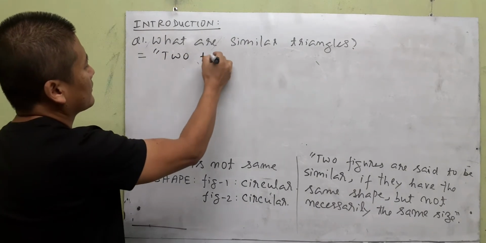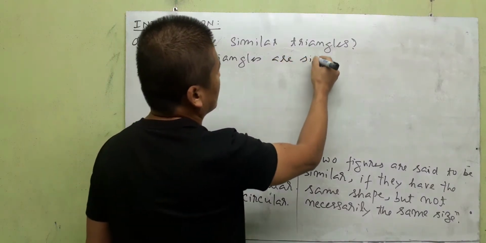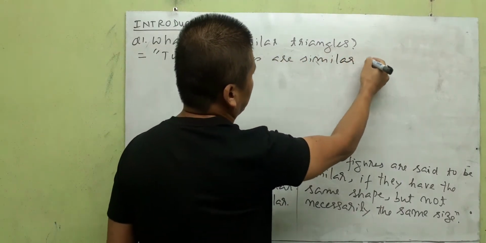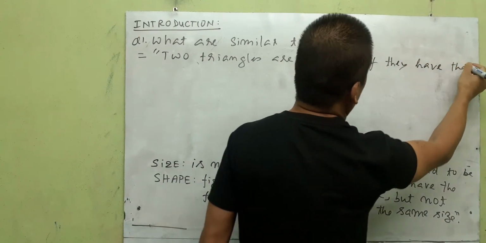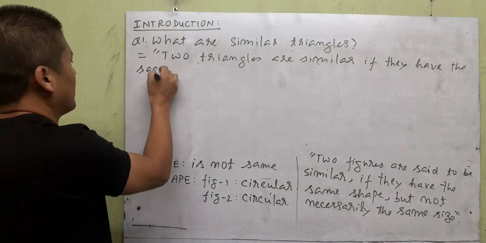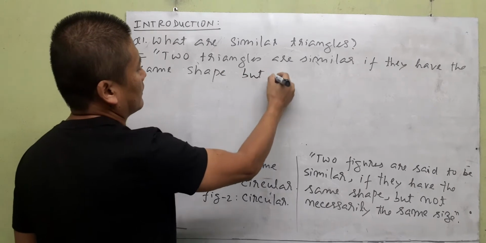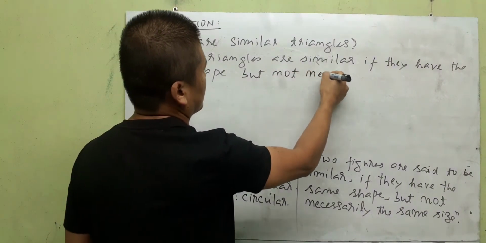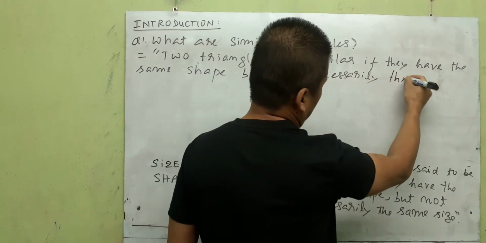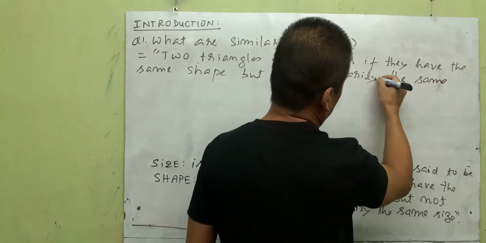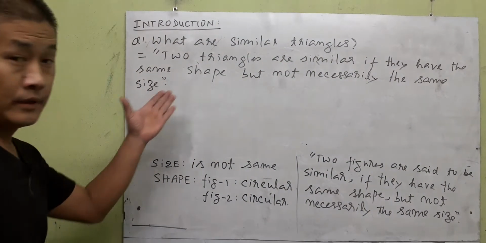Two triangles are similar if they have the same shape but not necessarily the same size. So this will be our definition for similar triangles.